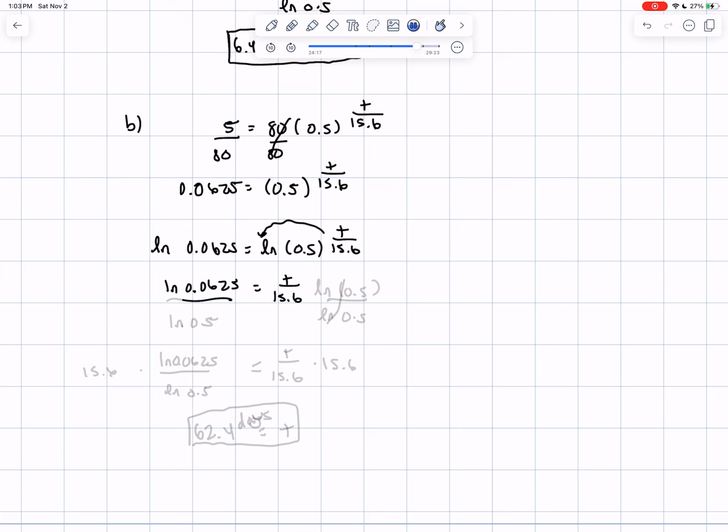Like the last one, we do the same exact thing. Divide the ln out. It's a lot of repetition at this point. And then I got rid of that, so now I have to get rid of the 15.6. Like we did last time, we multiplied it.